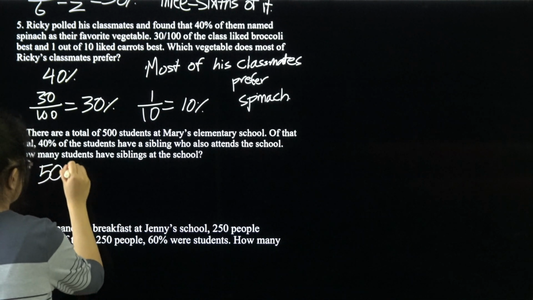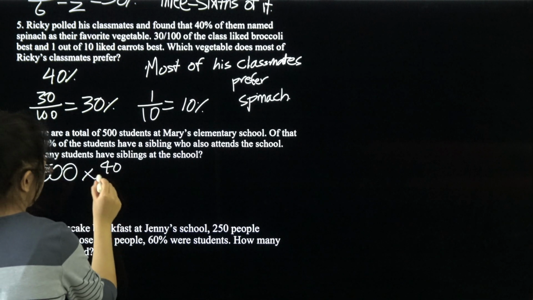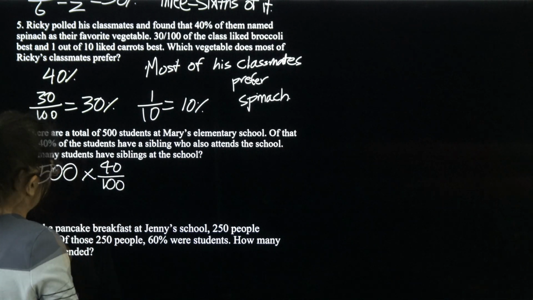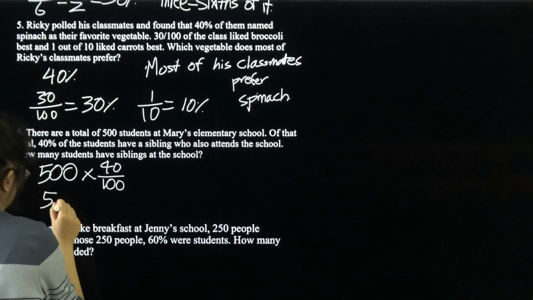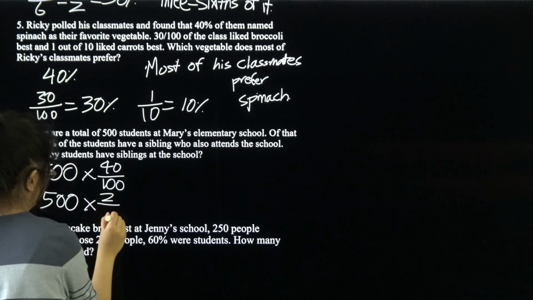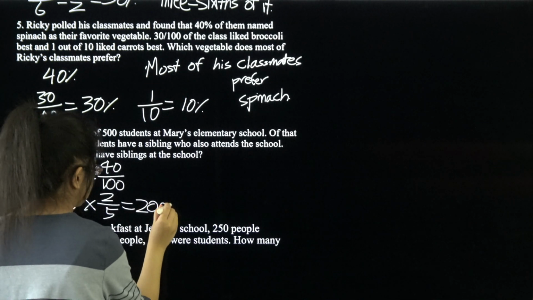So 500 times 40%, which is 40 over 100, which, if you simplify it, is really just 500 times 2 over 5, which is equal to 200.